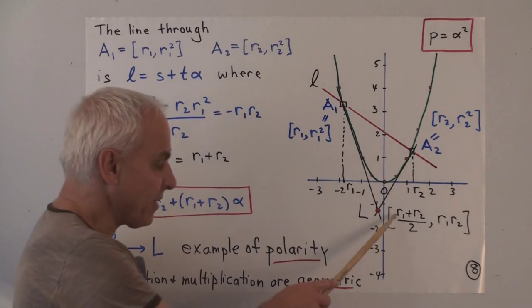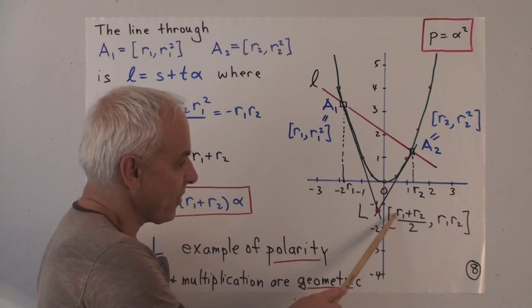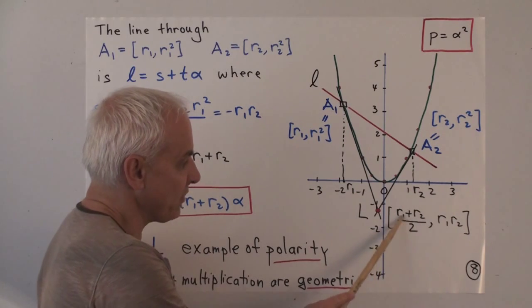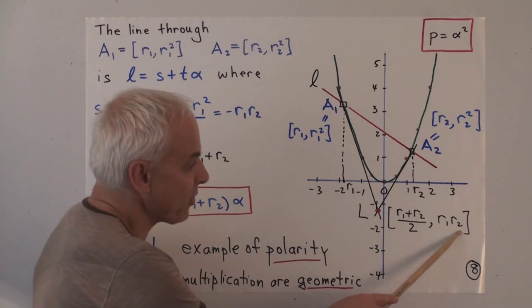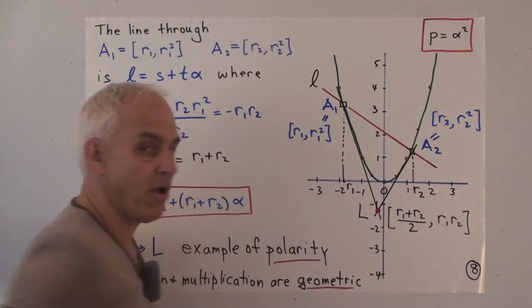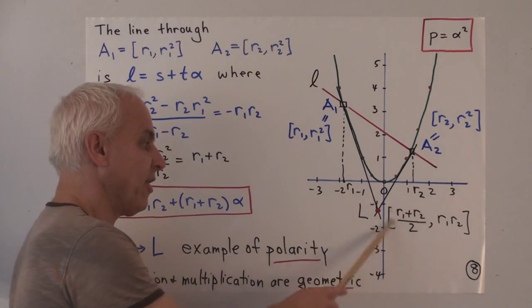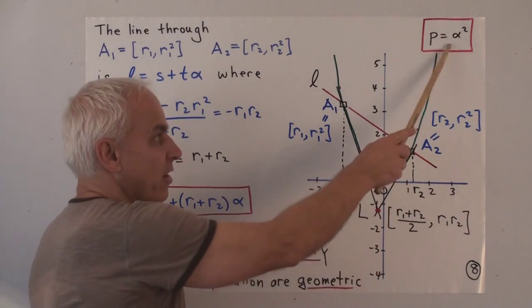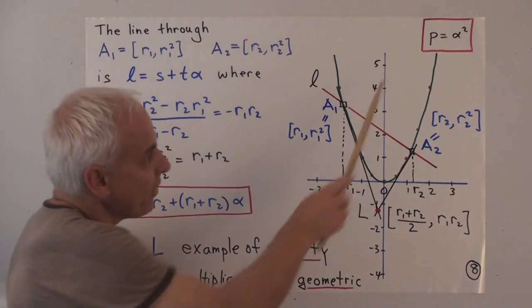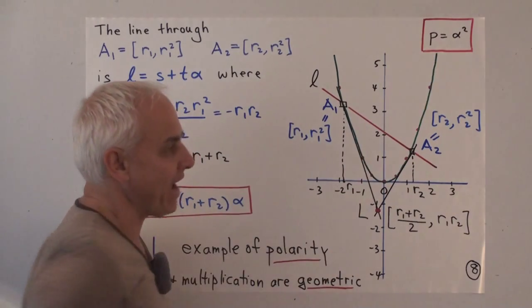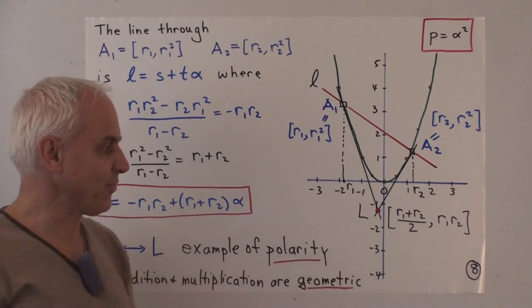And I remind you that they meet at, first of all, the x-coordinate is the average of r1 and r2. And the y-coordinate here is obtained from the polynomial by taking a plus b times this plus c times the product of r1, r2. Well, this is a very simple form. It only has the c term, and the c is 1.